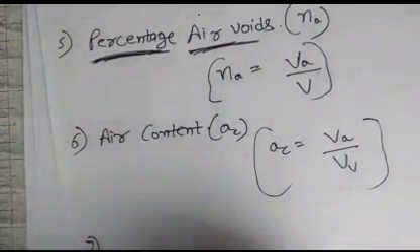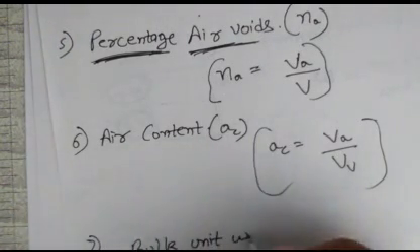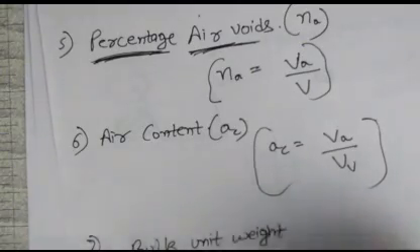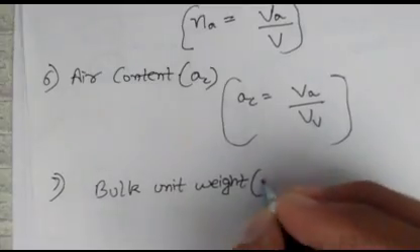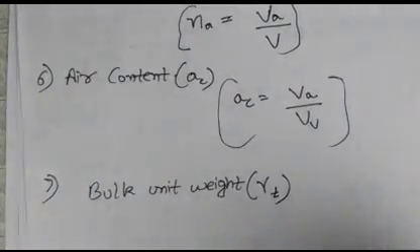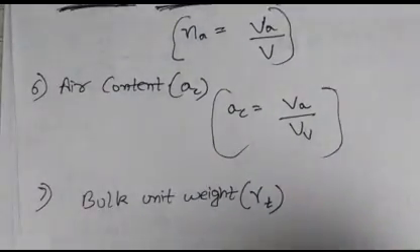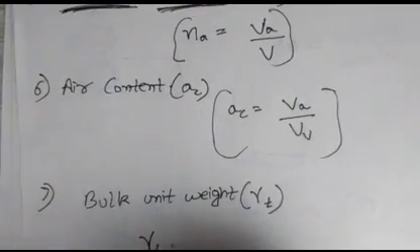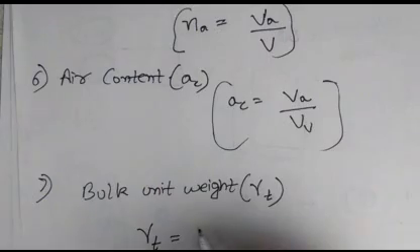Now we're going to come to bulk unit weight. This is actually the term which always defines the soil, represented by gamma T. It is the same as density, where we do mass by volume, weight by volume, so it is weight density here. Gamma T is my unit weight density: total weight by total volume.